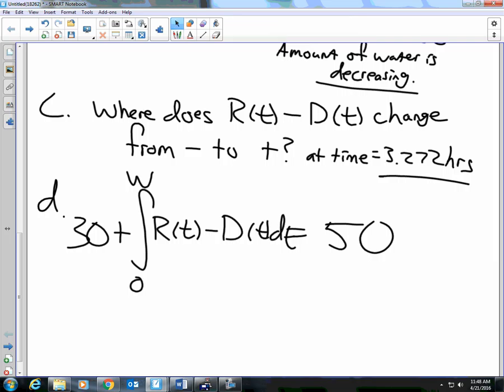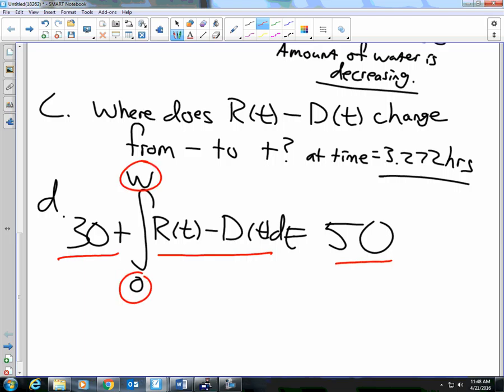Number 1, this is your rate function. That told us the rate at which it's coming in and leaving, overall rate. The antiderivative tells us then the accumulation. Kind of like if it was a velocity function, the antiderivative would tell us total distance. What does this represent? And these represent the time. Yep, bounds are the time, okay?